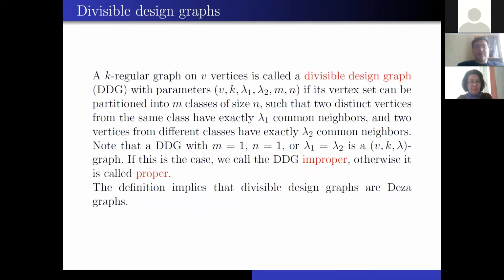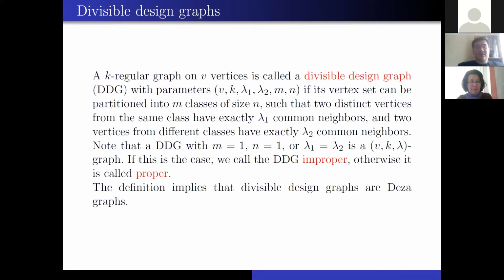And let me remind you of the definition of a divisible design graph. A k-regular graph on v vertices is called a divisible design graph, or DDG in short, with parameters v, k, lambda1, lambda2, m, n, if its vertex set can be partitioned into m classes of size n, such that two distinct vertices from the same class have exactly lambda1 common neighbors, and two vertices from different classes have exactly lambda2 common neighbors.